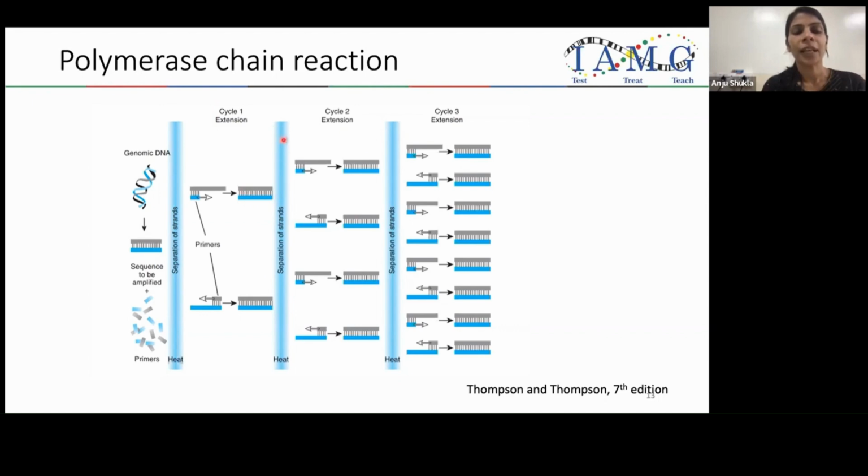And then there is another cycle of heating, which will again separate this double-stranded molecule into 2 single strands, and again the same cycle is repeated. So after 30 to 35 cycles, there will be a huge amount of DNA that we will get from the small quantity of DNA with which we started.